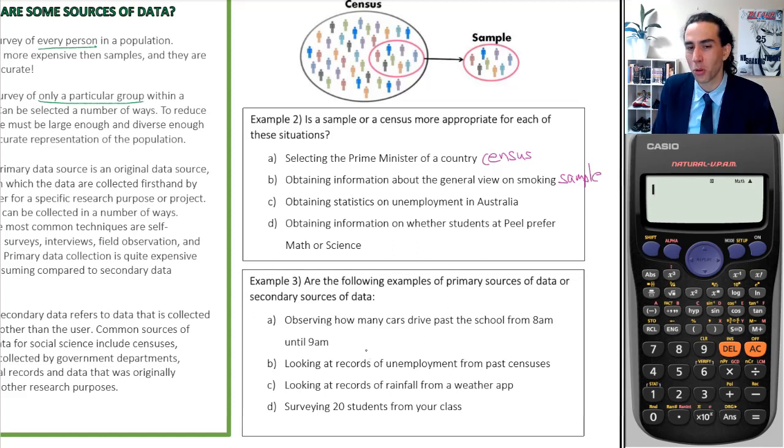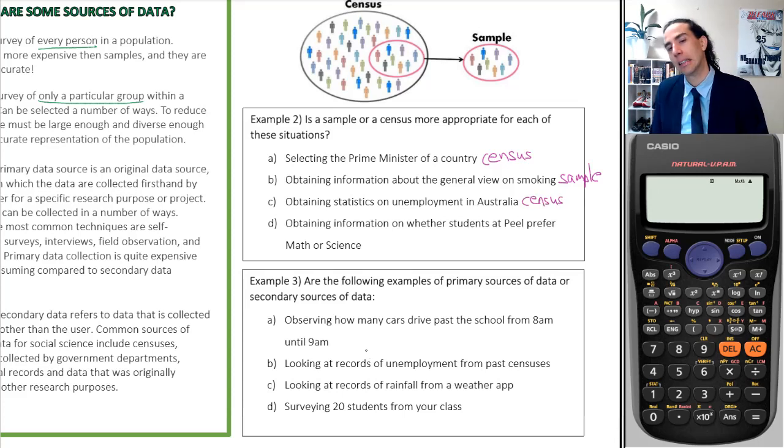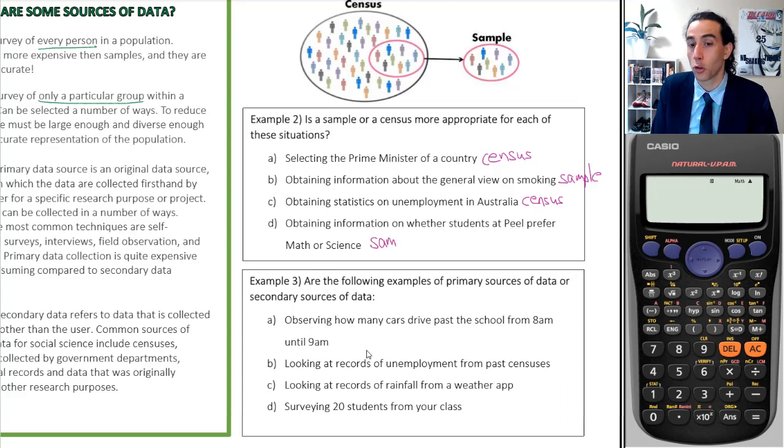Statistics on unemployment. Do you need all the data? Yes, you do. You definitely need all the data. You need to find out exactly how many people are unemployed if you're going to be precise. And whether students at Peel prefer math or science, sample's good enough. You could do a census, but a sample is more appropriate.